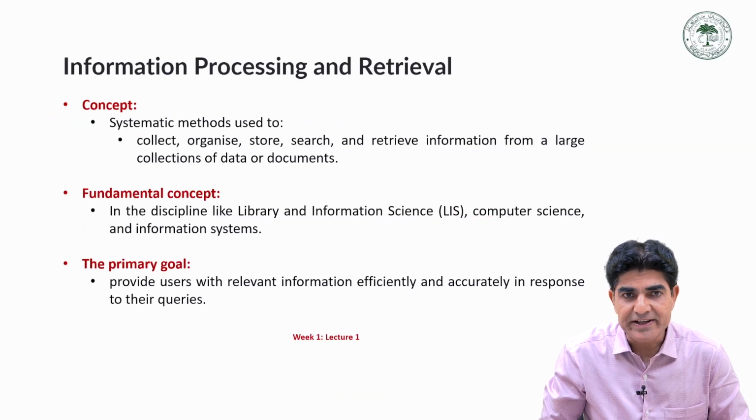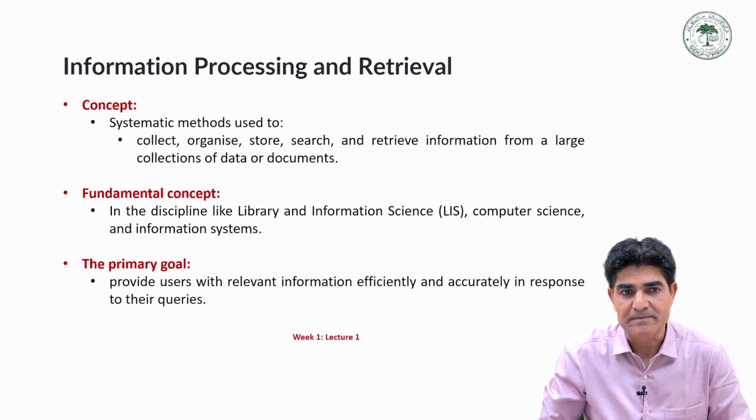So before starting the discussion on course structure, it is important to understand the concept of information processing and retrieval as the course and different related concepts to this particular aspect. So information processing and retrieval is the systematic method used to collect, organize, store, search, and retrieve information from a large collection of documents and data.